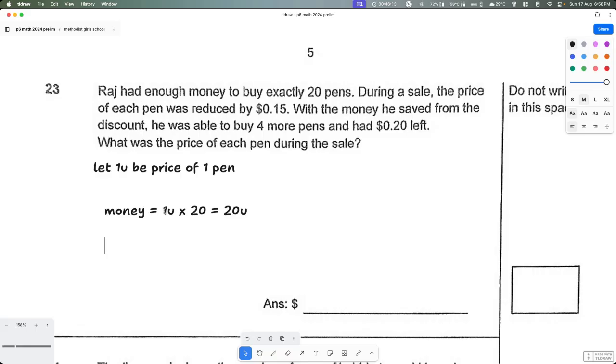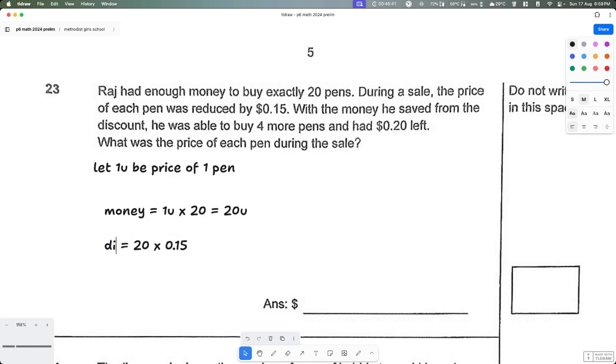So the sale total, during a sale the price of each pen was reduced. So 20 times 0.15 was the discount, right?